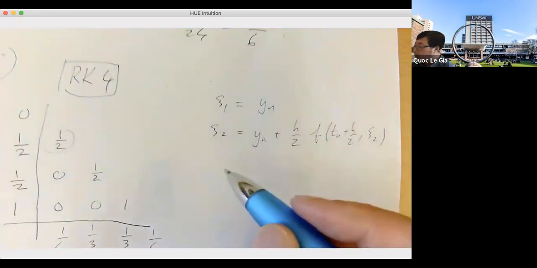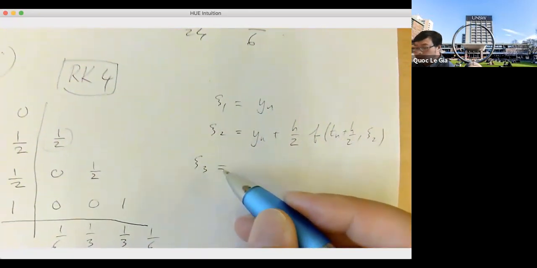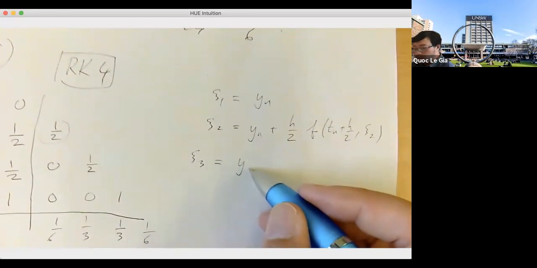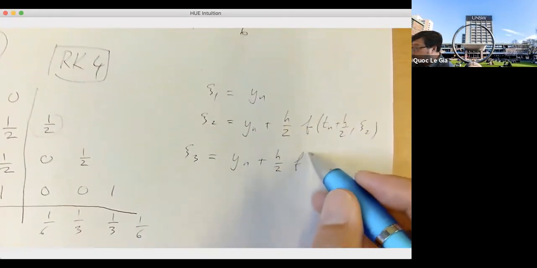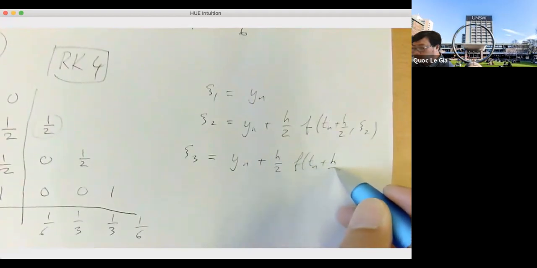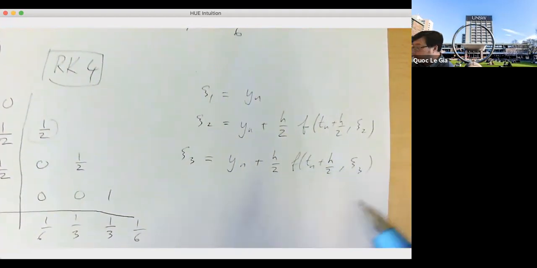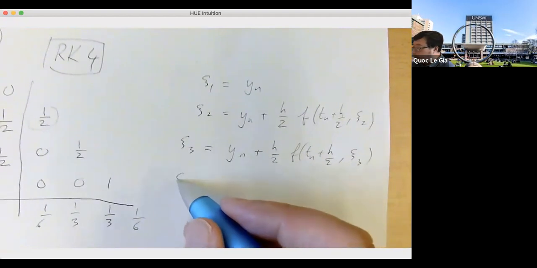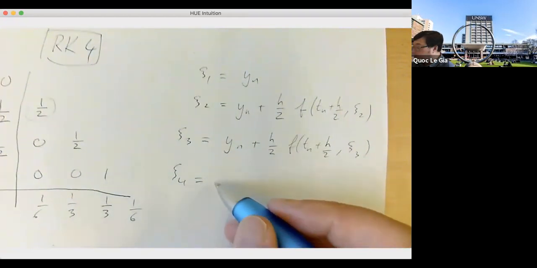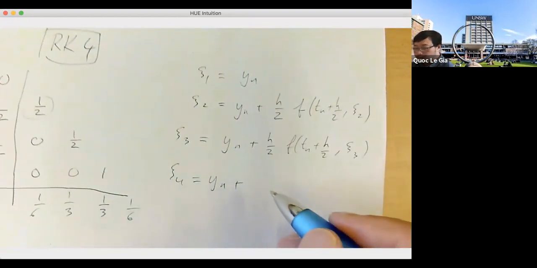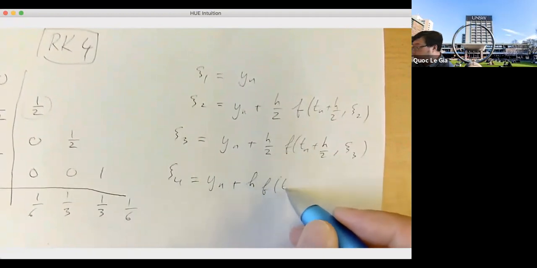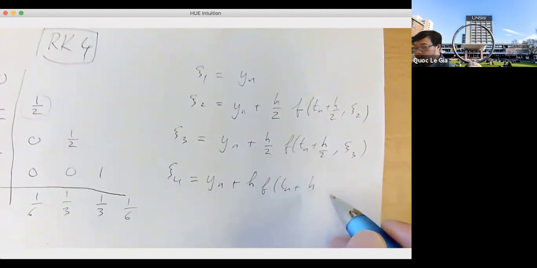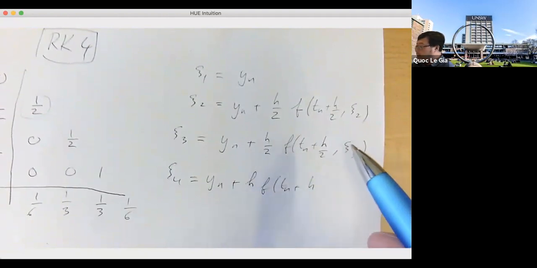So h over 2 here. And xi3 is just yn plus h over 2 f Tn plus h over 2 xi3. And then xi4 is just yn plus h f Tn plus h over 2. Oh, sorry.